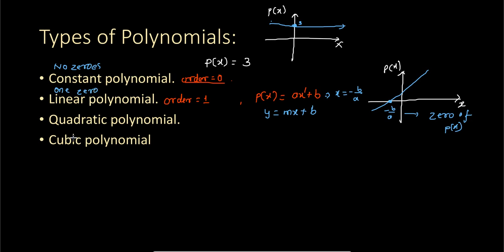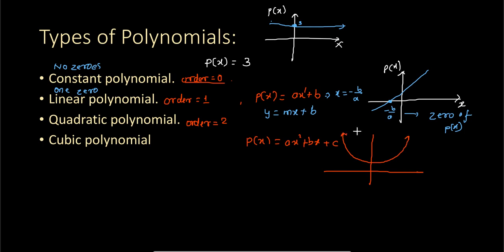Fine. Next comes a quadratic polynomial. Any quadratic polynomial will have order 2, and generally we represent this by ax² + bx + c, where a, b and c are constants, and the shape of this quadratic polynomial we call a parabola.